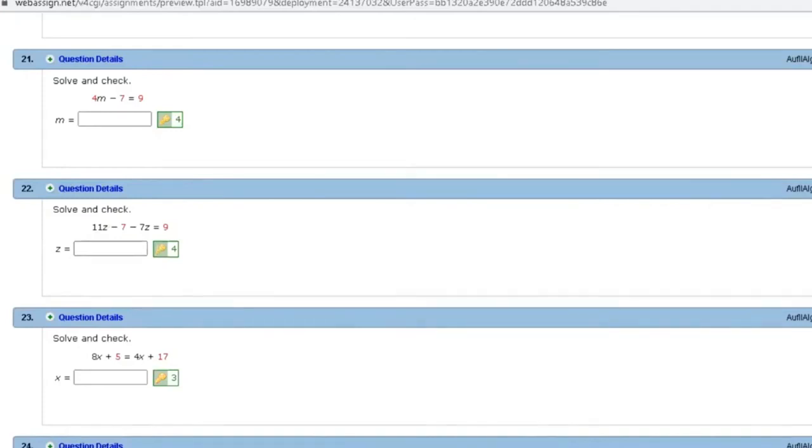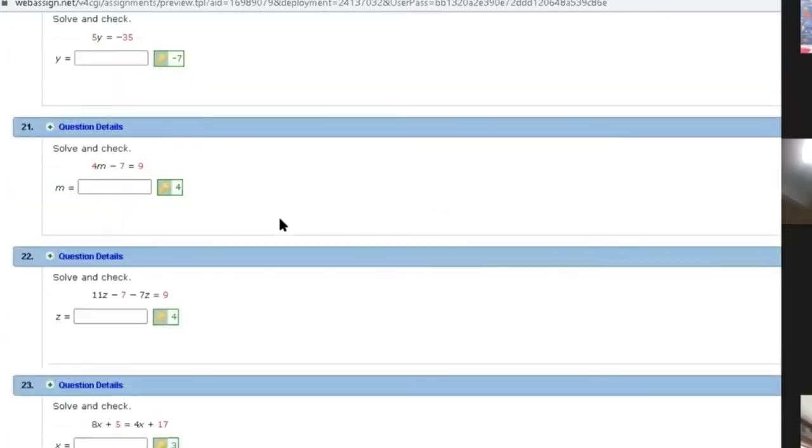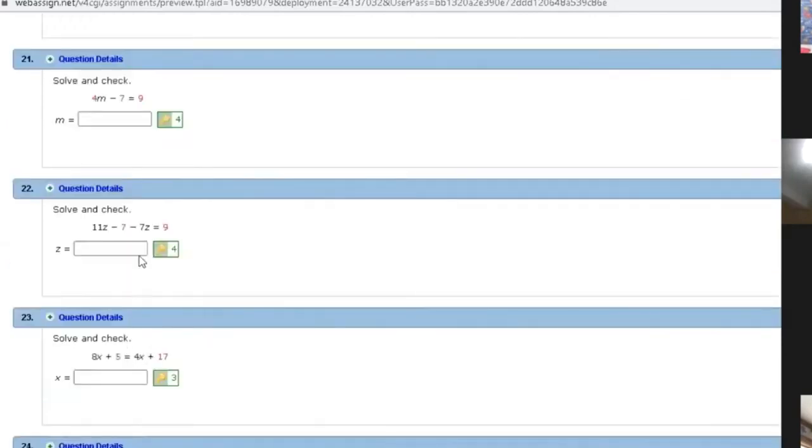So that's how that works. All right. 21 starts objective 6. So objective 6 is 21, 22, and 23.